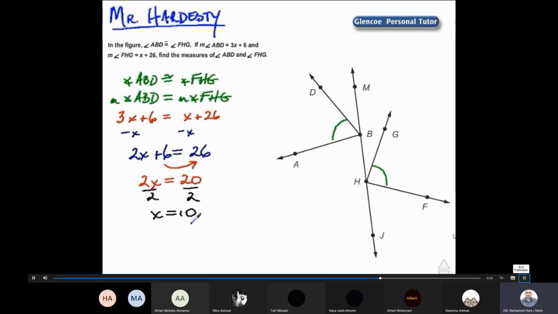To find the measures of both of our angles, we'll take x equals 10 and put that back in for both 3x plus 6 and x plus 26. We should get the same measure for both. 3 times 10 is 30, plus 6 is 36, and 10 plus 26 is 36. So the measures of both of our angles would be 36.